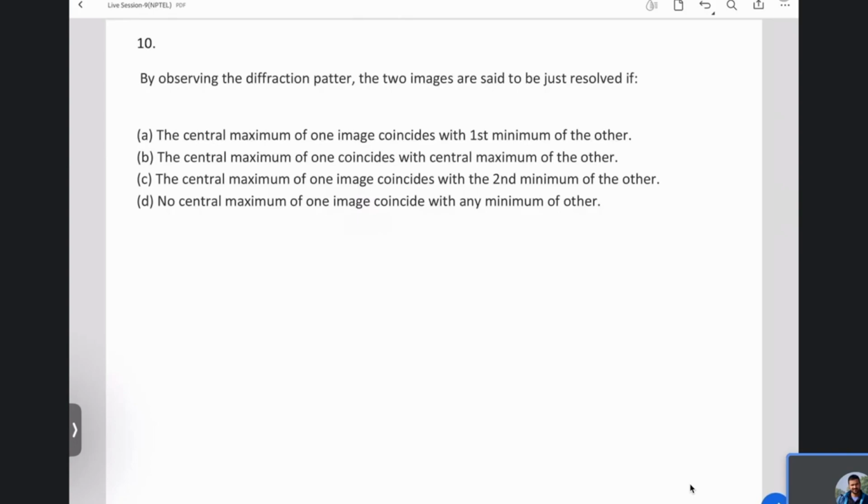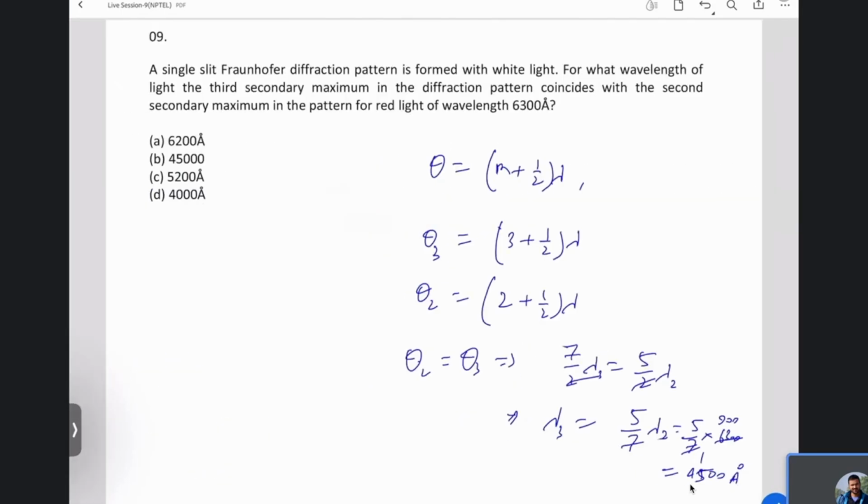Then this is the 10th problem. So here you see that question we had, where we used white light, what will happen? If we use two different wavelengths, their third secondary and second secondary maximum are coinciding.